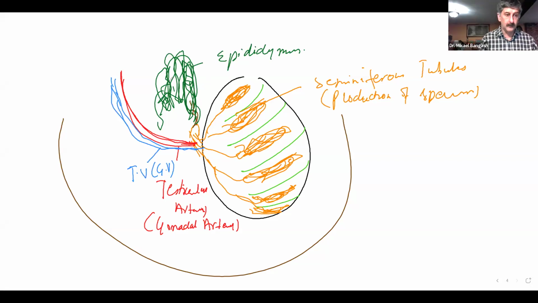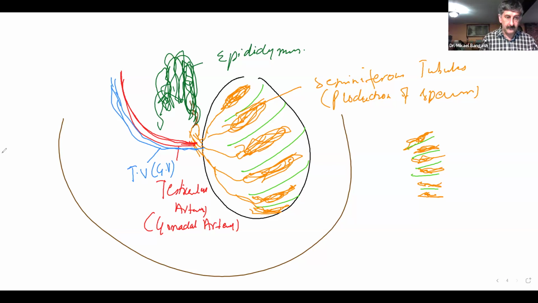So if you look at it in this way, there's going to be seminiferous tubule after seminiferous tubule, which you find inside the testes, separated by fiber separations.